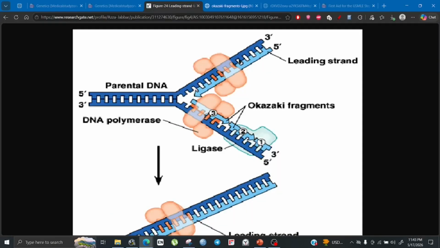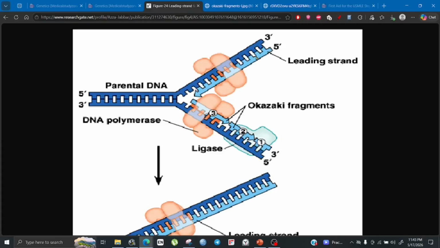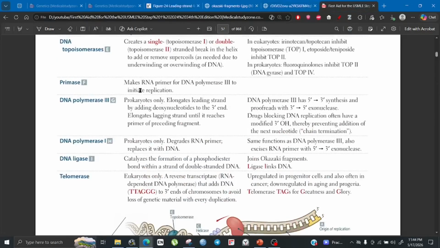Okay. Now, one thing that you have to know is that DNA polymerase forms DNA in the direction of 5 prime to 3 prime. That's its function, right?